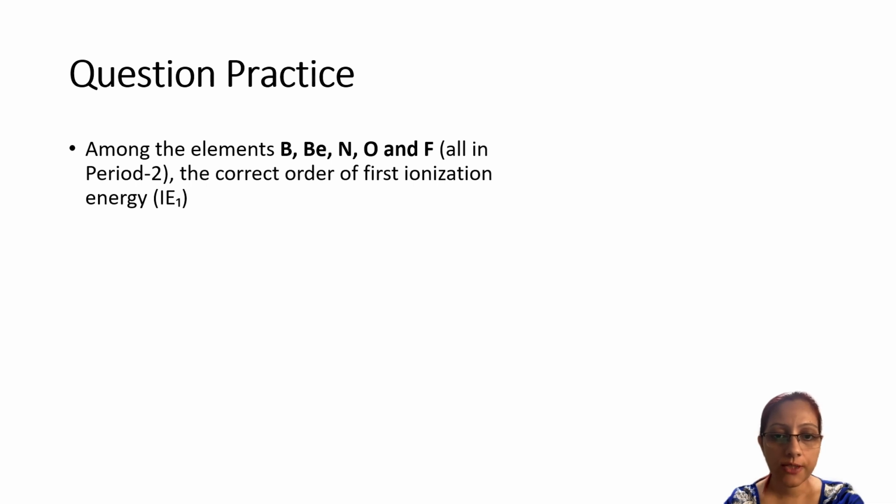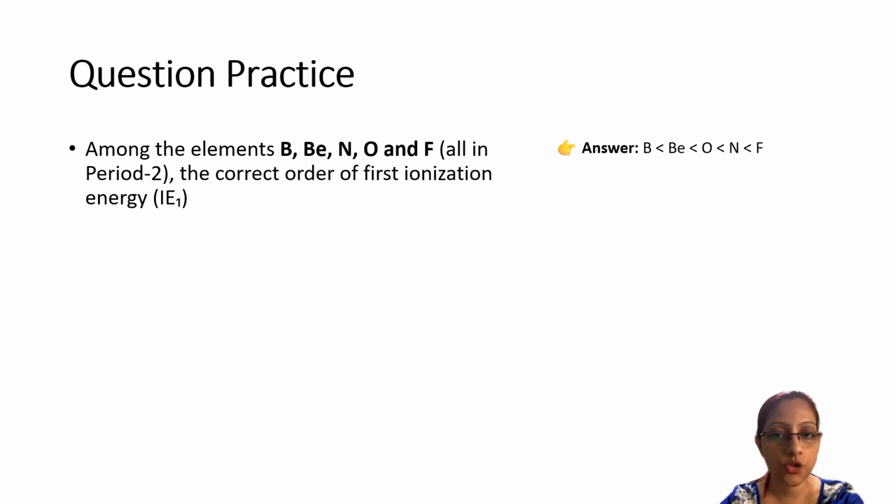First question is, among the elements beryllium, boron, nitrogen, oxygen and fluorine, all in period 2, what is the correct order of first ionization energy? The answer is boron is less than beryllium, is less than oxygen, less than nitrogen, less than fluorine. And we already know why it is like that. There are some exceptions.